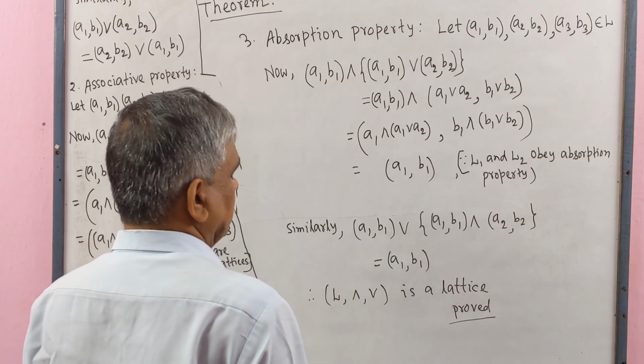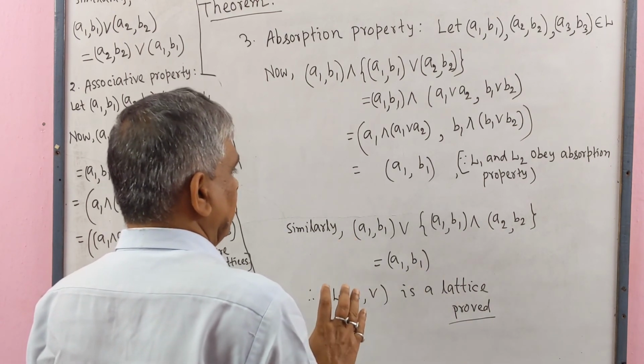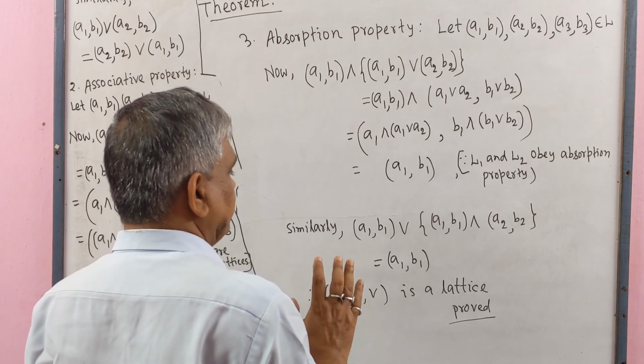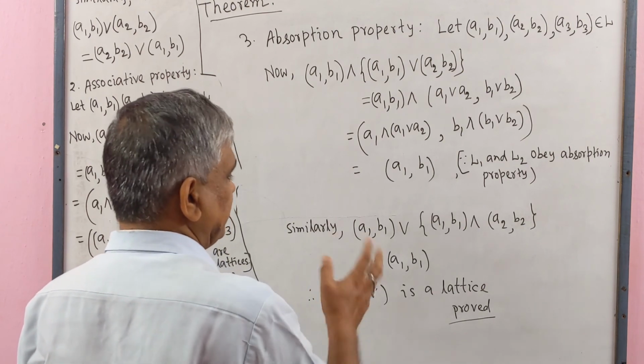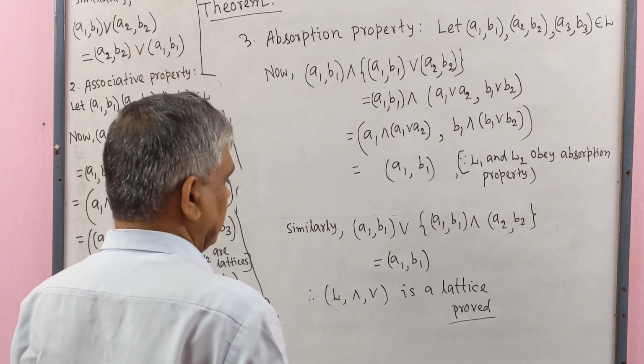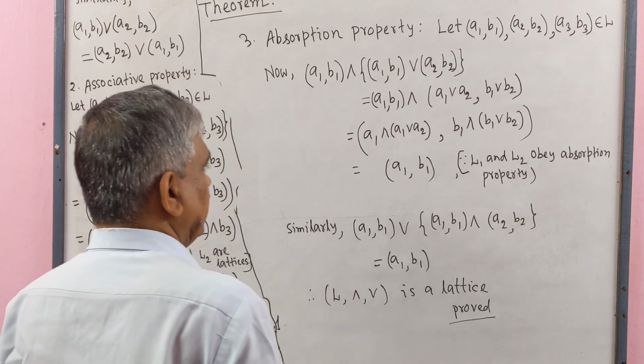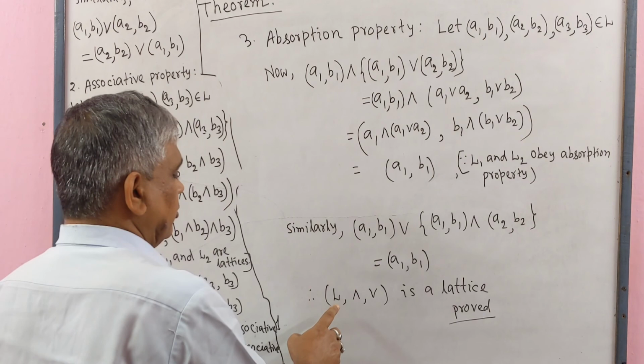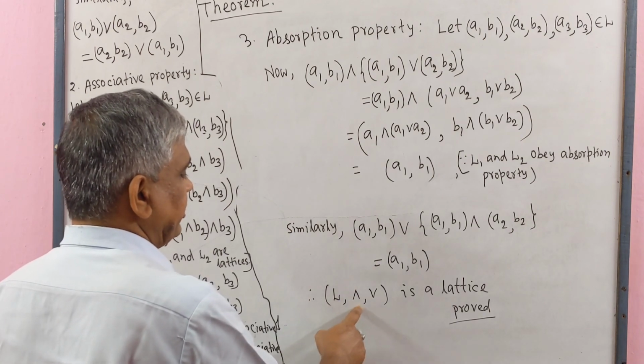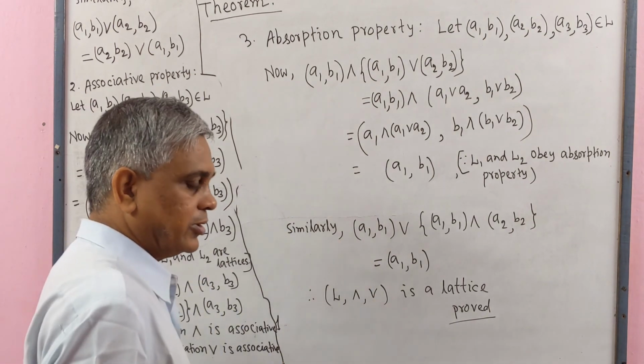So L shows the second absorption property. Therefore, L with operations meet and join is a lattice. Proved.